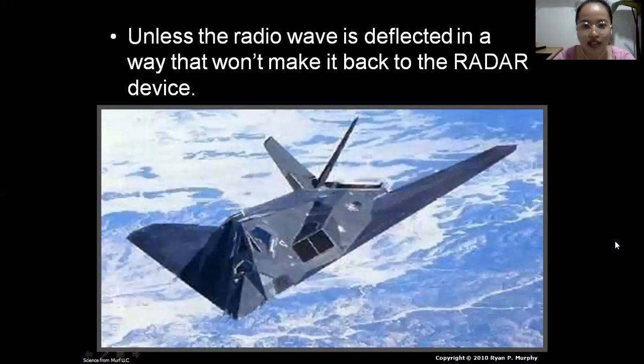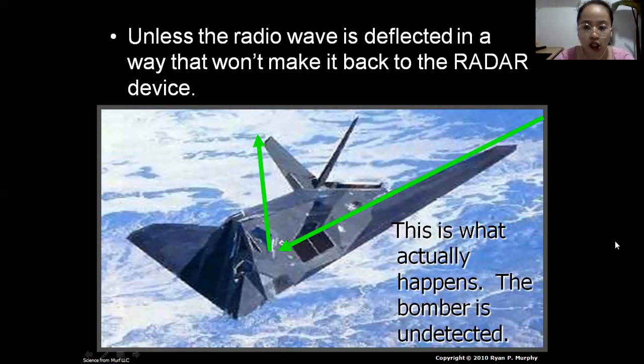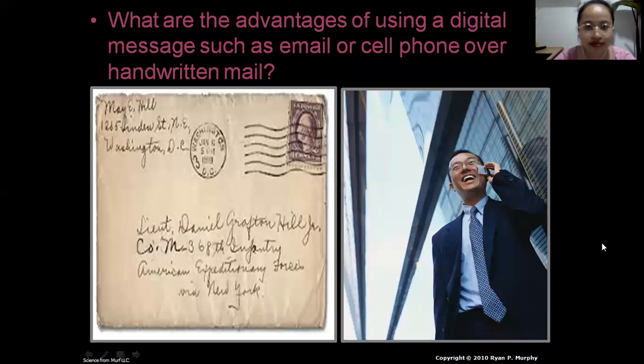Unless the radio wave is deflected in a way that won't make it back to the radar device, the radar would detect the bomber. So this is what actually happens. The bomber is undetected.